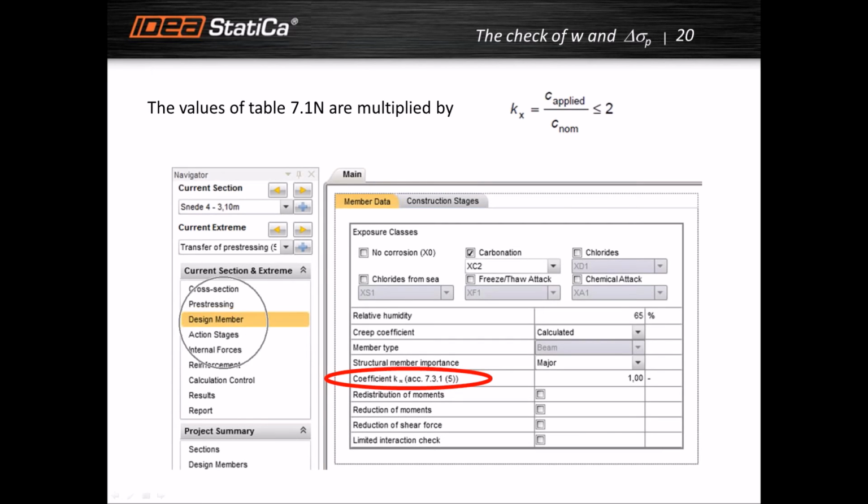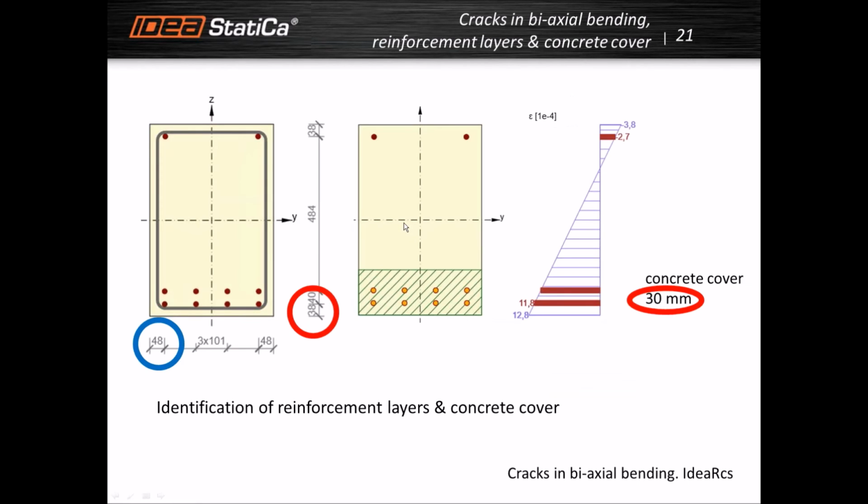You have to go to design member in RCS, and in design member there is a coefficient Kx. You can change the number 1.0 manually to 1.5 or any number, and then all these crack width effects and also the other delta sigma p are multiplied by the Kx factor.